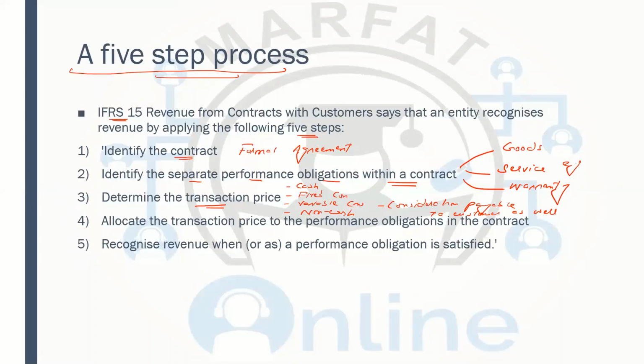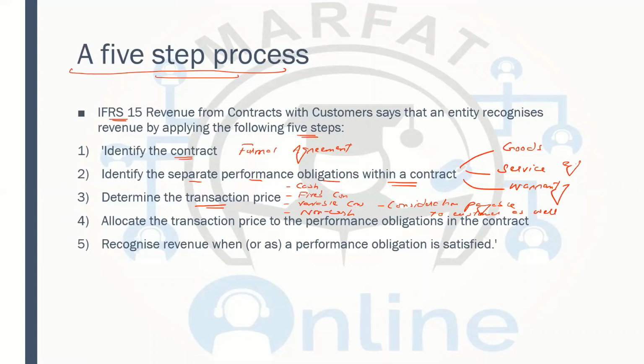So again, step number one is there should be a formal agreement between the parties. This is a very important thing, step number one. Step number two is identify the separate performance obligations within a contract. When you're doing a contract, there may be more than one obligation you have.